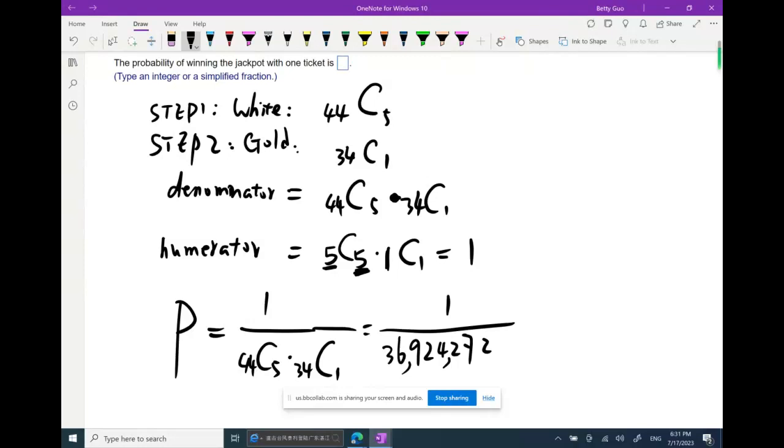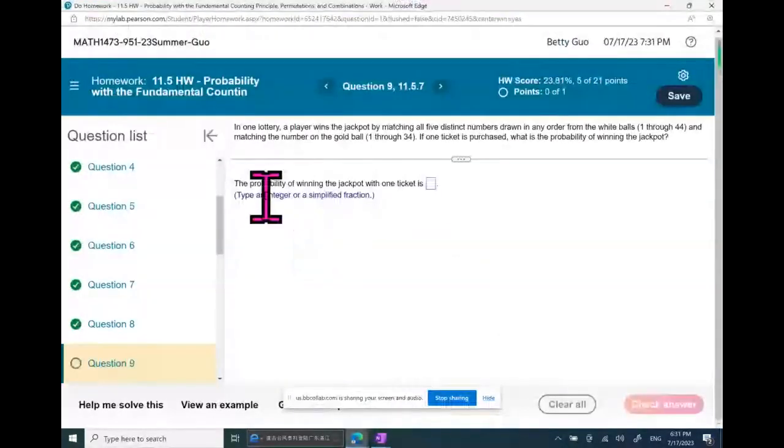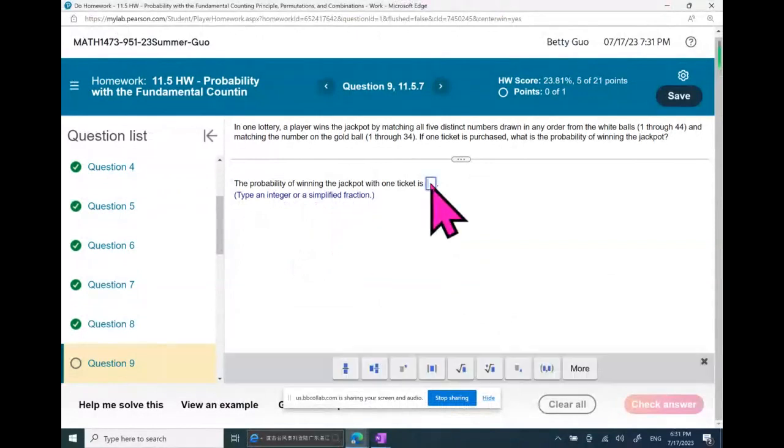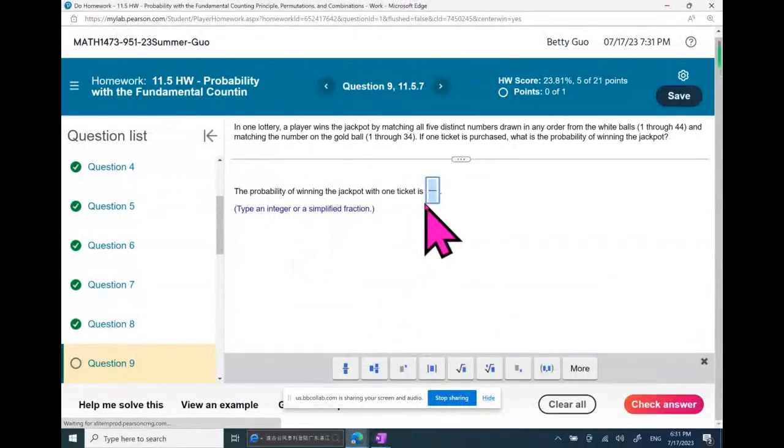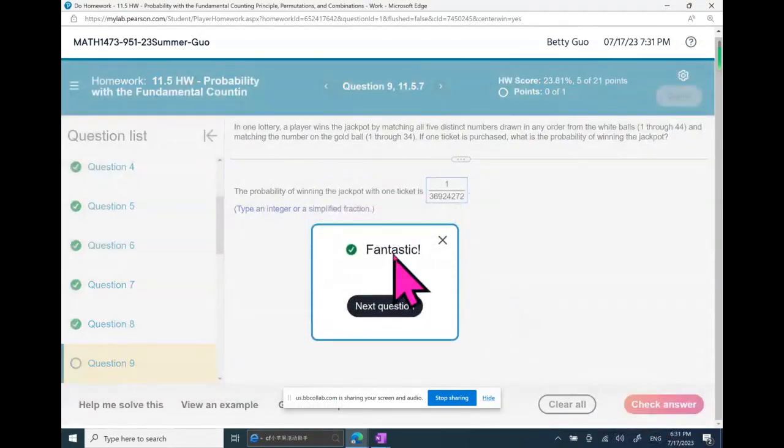Okay, so let's enter that number into the cell. Type an integer or simplify the fraction, so we do not need a decimal. Do not do the thing that the question didn't ask you. So 36924272.